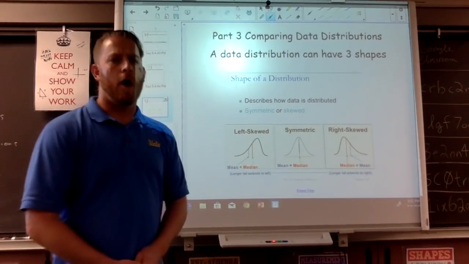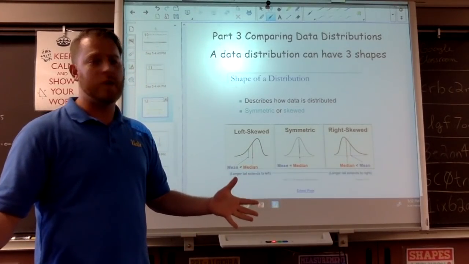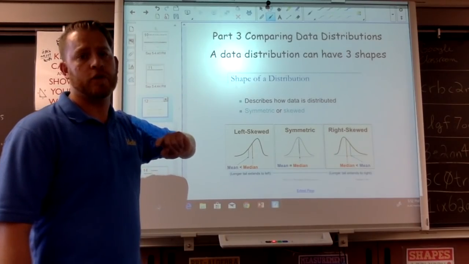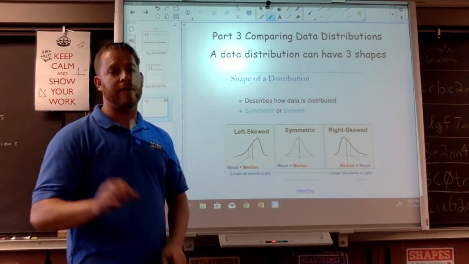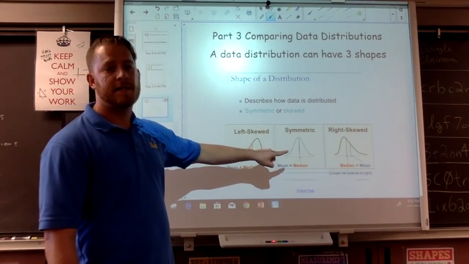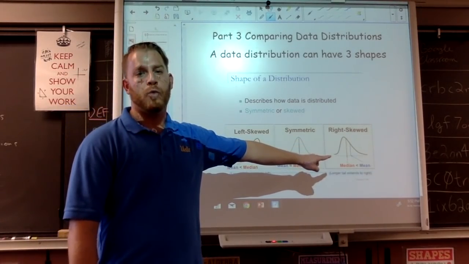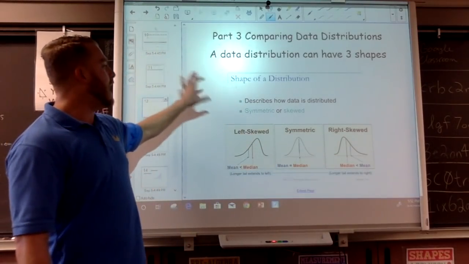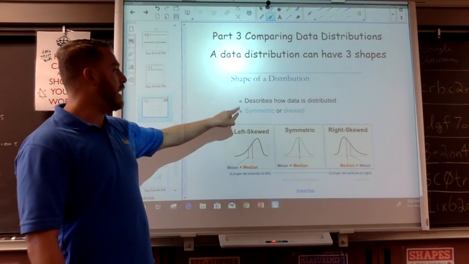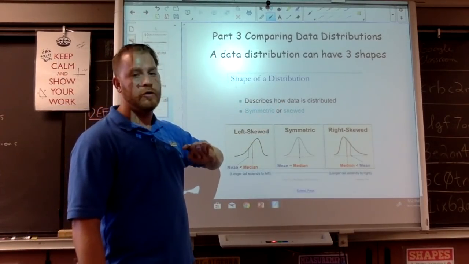And now for the final part of today's notes, part 3, comparing data distributions. A data distribution can have 3 shapes, and here are those 3 shapes: left skewed, symmetric, and right skewed. A data distribution describes how data is distributed, and again, it could be symmetric or skewed.